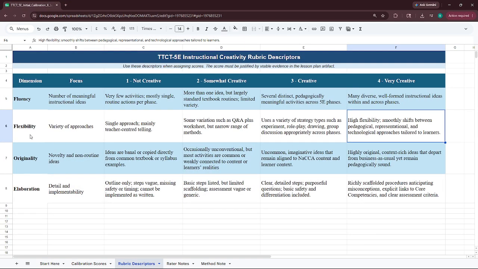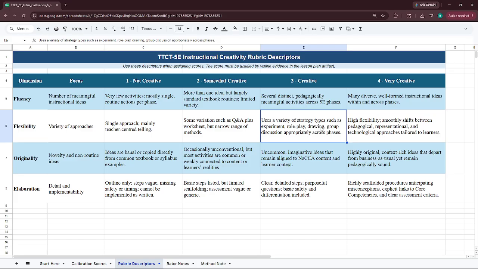So let's see which one suits the dimensions, varieties of approaches. This was not a single approach, there were more than that. There are some variations, but more than questions and answers. And then the third one is use of variety of strategy types, such as experiment, role play, drawing, group discussion across the phases.